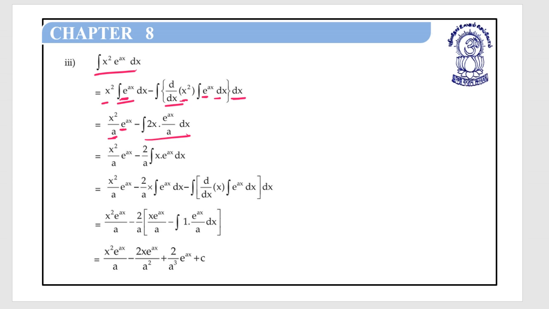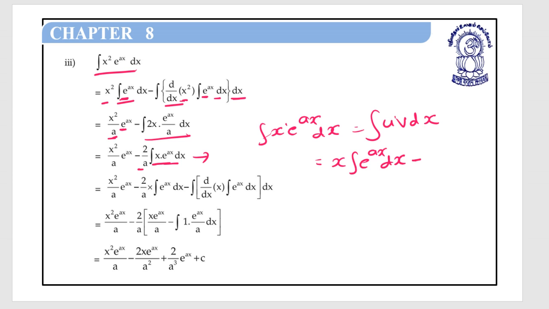X square by a e raised to ax minus 2 upon a into integration of x into e raised to ax dx. Again take integration of x into e raised to ax dx. Again take the uv dx formula. So here x as it is, integration of e raised to ax dx minus integration of dx by dx into integration of e raised to ax dx dx.